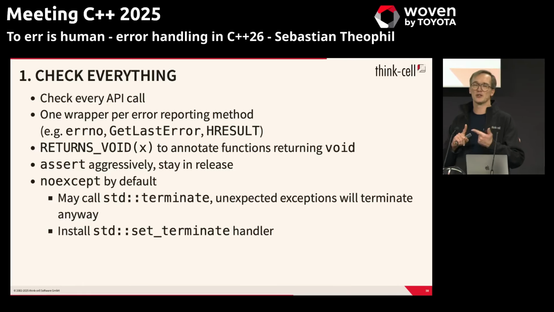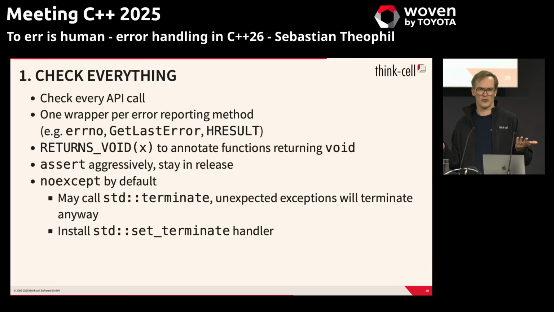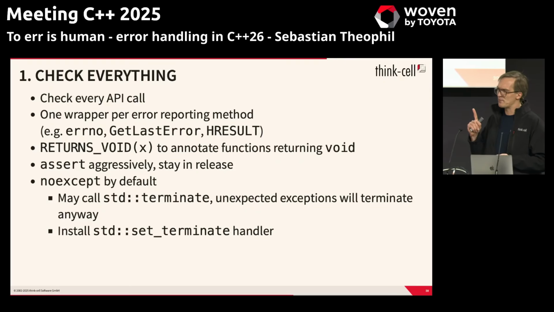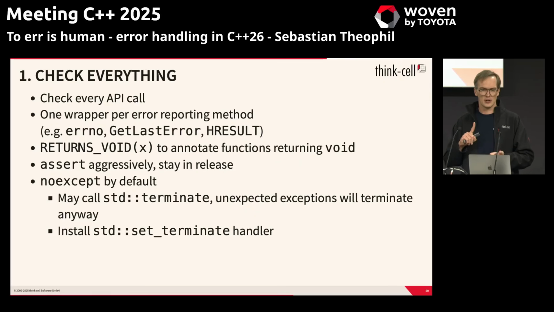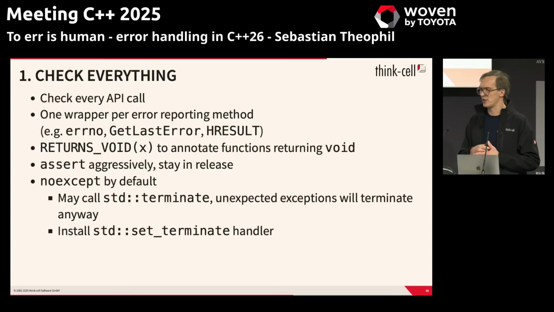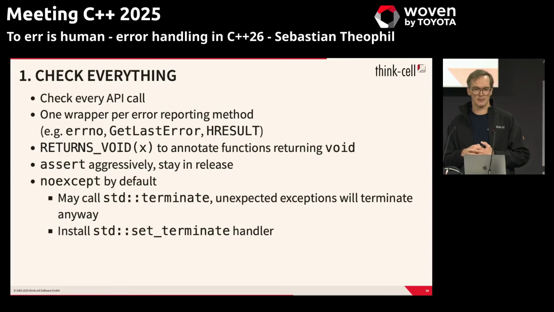I think Bloomberg doesn't do this. Bloomberg does not want to randomly crash when somebody throws an exception. In this case, they hope for the best, I guess. But throwing an exception that doesn't have a handler in the end will lead to termination anyway. And we do install a std::terminate handler in the runtime to make sure we are notified when somebody calls std::terminate.